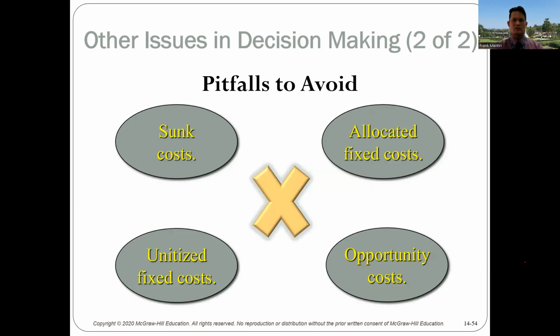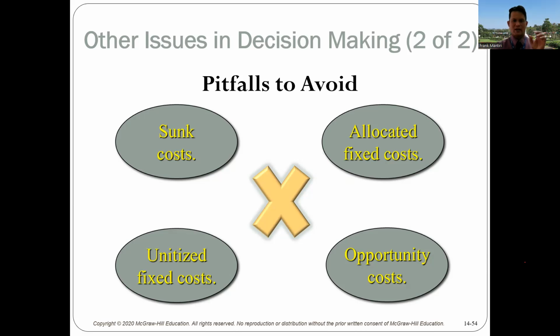Now, the next thing that management needs to know is the pitfalls that they need to avoid. We learned previously about sunk cost, right? Sometimes people don't consider sunk cost. It is important to still consider what the sunk cost is. Also, to understand that the fixed cost cannot be unitized, or allocated according to the unit.